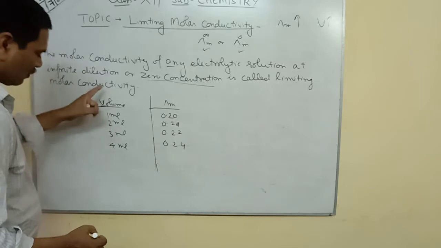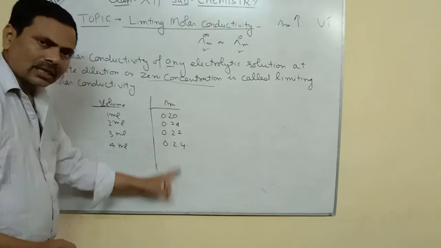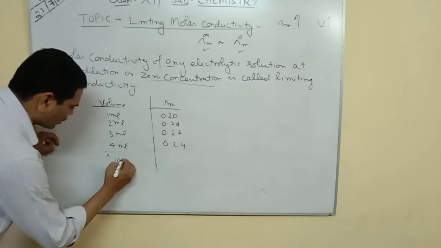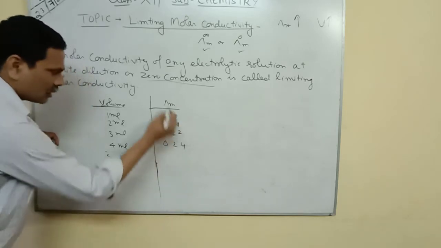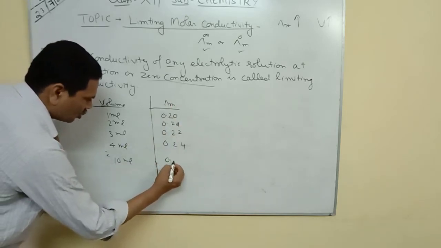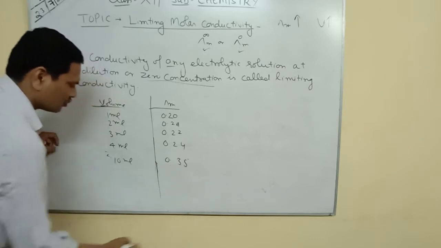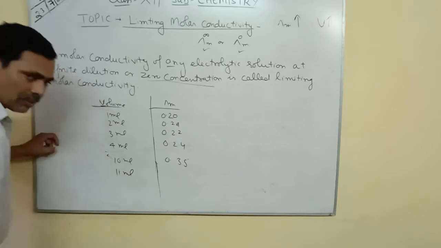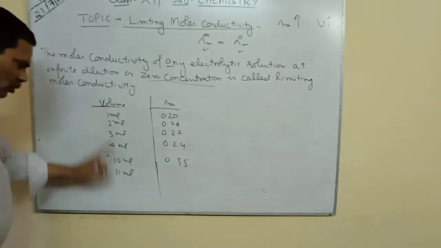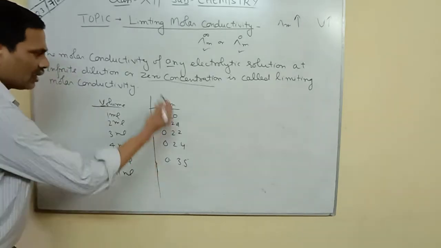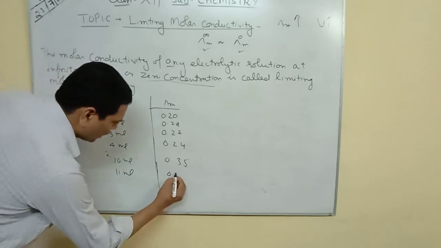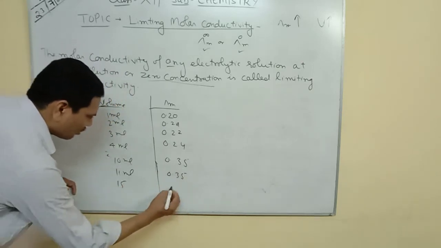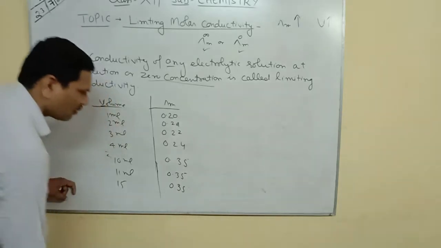At a certain point, suppose when the volume becomes 10 ml, the molar conductivity becomes 0.35. When 1 ml more is added, it is again 0.35. When it is 15 ml, it is again 0.35.